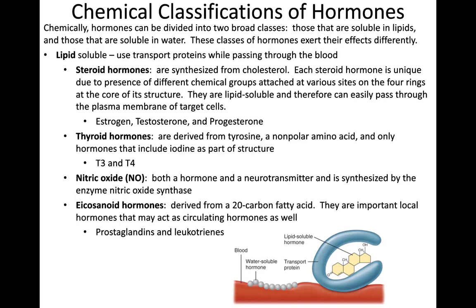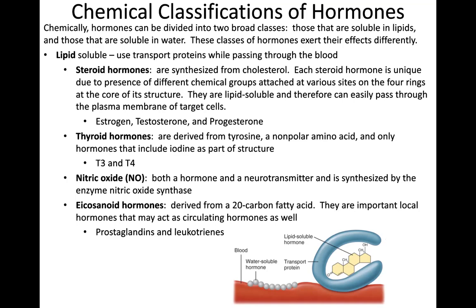A key feature of lipid-soluble hormones is that when they circulate in our bloodstream, they need an Uber. They need a cab to ferry them from their secretory cells to their target cells. Because remember, things that are lipid soluble, like steroid hormones, steroids are fats.